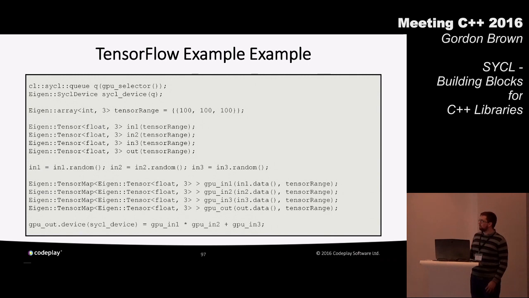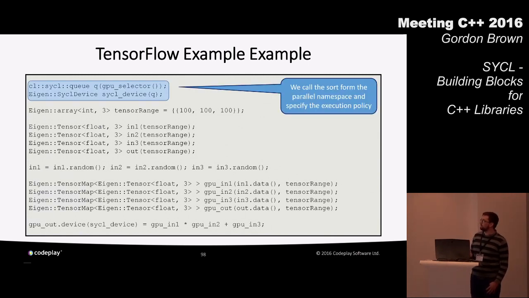So this is an example of what TensorFlow with SYCL would look like. The main thing up the top here, you construct a SYCL queue, and then you construct an Eigen device from that. That's how we interface with TensorFlow using SYCL. Now, here we're constructing tensors, which essentially represent memory allocations, and then we initialize them with some values.